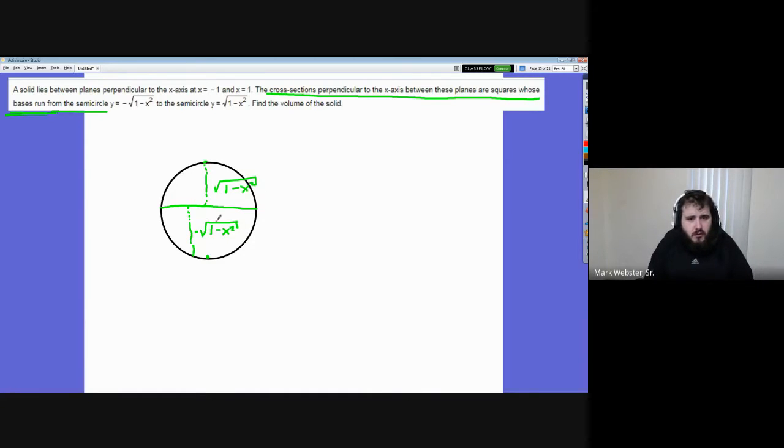If I want to find the area, the length of one side of this square is the diameter of this circle, or rather the chords of this circle as you move along, right? So I'm going to be integrating the area of the square, side squared, with respect to x, from x is -1 to +1, because that's where it goes from.